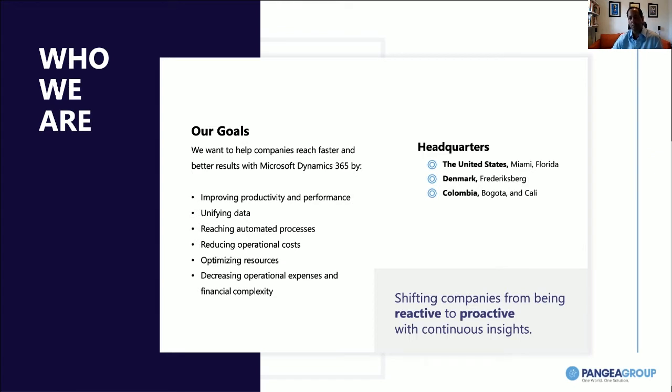And what we've seen, and this is not 100%, there's some systems that are critical for an operation that cannot be replaced or cannot be brought into an ERP, an enterprise resource planner. But what we've seen is that we can create those processes that were in the other systems and these disparate systems within D365 finance and operations, reducing costs for the organization and increasing visibility. And that kind of dovetails into decreasing operational expenses and financial complexity.